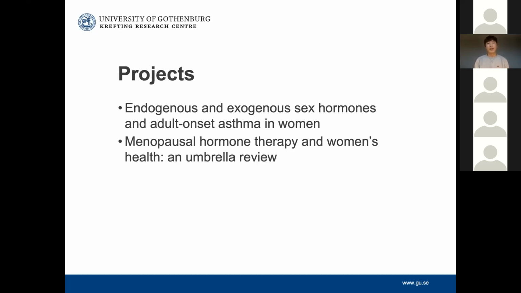One is the one that I'm currently doing, and the other one is the one that I completed. The first is about endogenous and exogenous sex hormones and adult onset asthma in women. The second is about menopausal hormone therapy and women's health. It's an umbrella review, and in the second project, we will talk more about how we implement the reproducibility project.